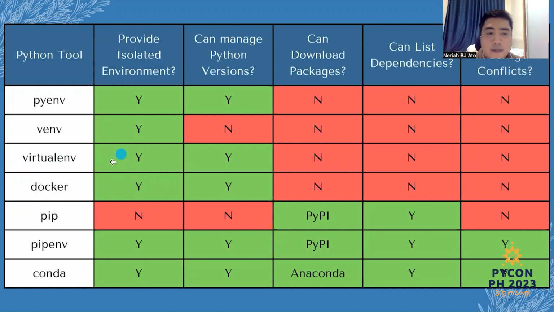Now, there are also good alternatives right now, which are both third party: pipenv and Conda. Pipenv can, aside from doing all the things the previous tools do, also resolve package conflicts. And so can Conda, which is familiar to the data scientists and data analysts out there. The main difference is that instead of PyPI, you source your packages from Anaconda.